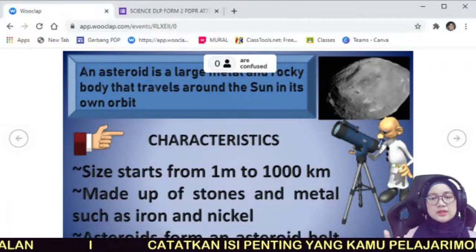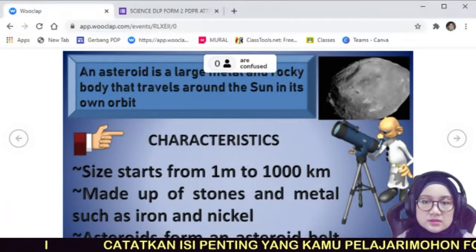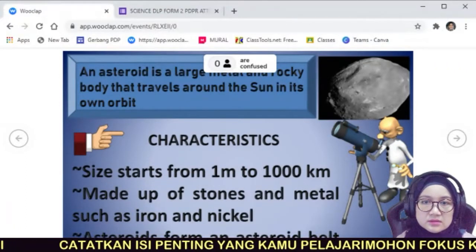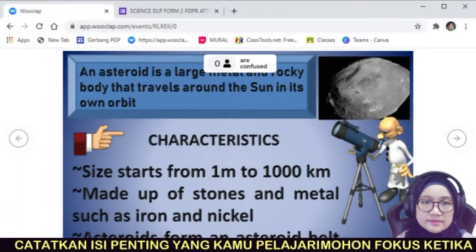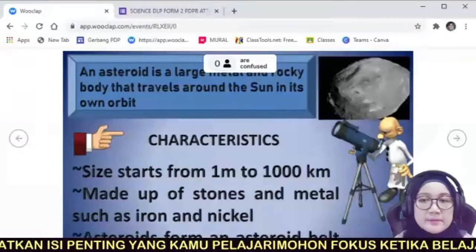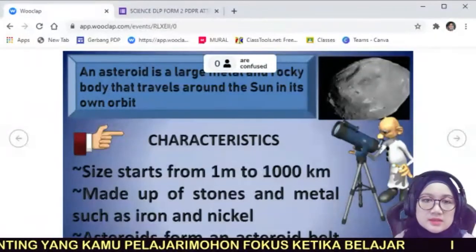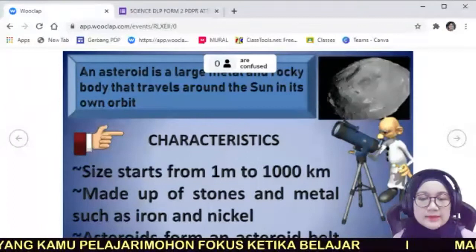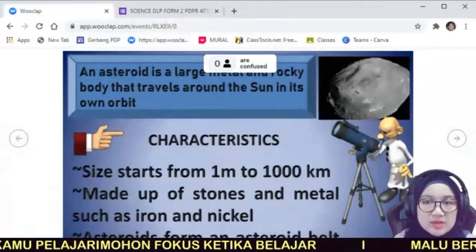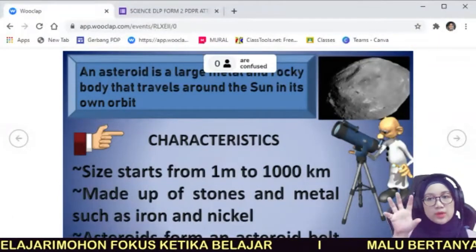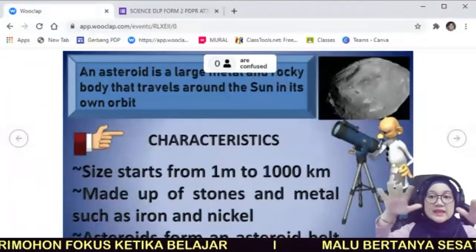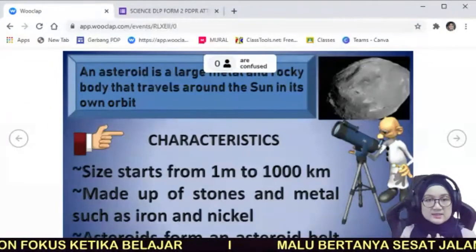Teacher, isn't the asteroid belt around Mars and Jupiter? Actually, an asteroid can be anywhere in our solar system, but it comes from the asteroid belt. This asteroid did not originate from only one planet. It can be found around our solar system.